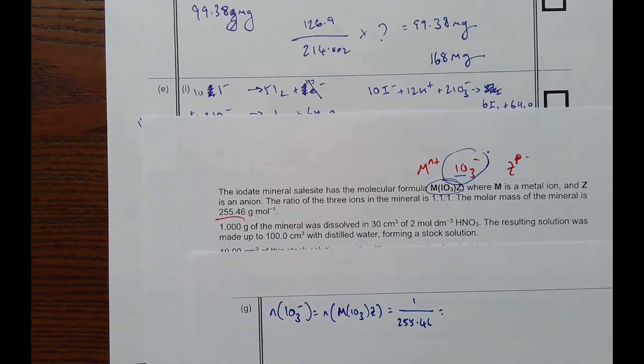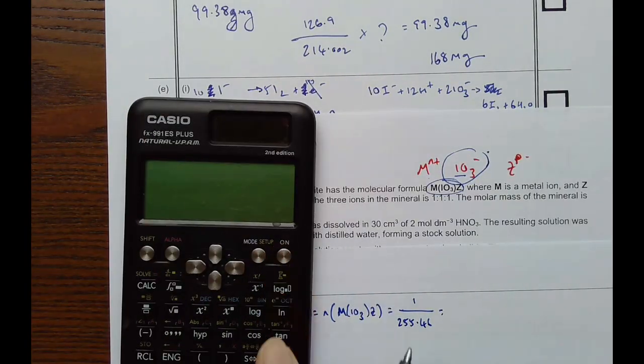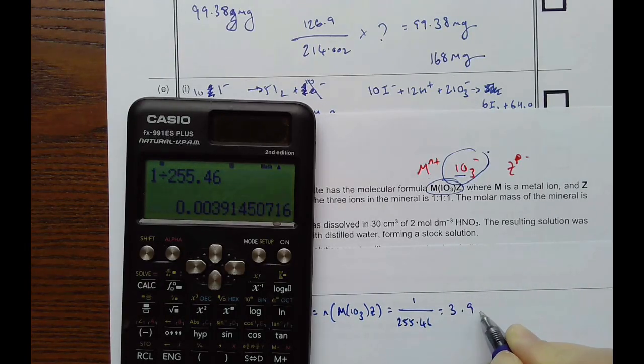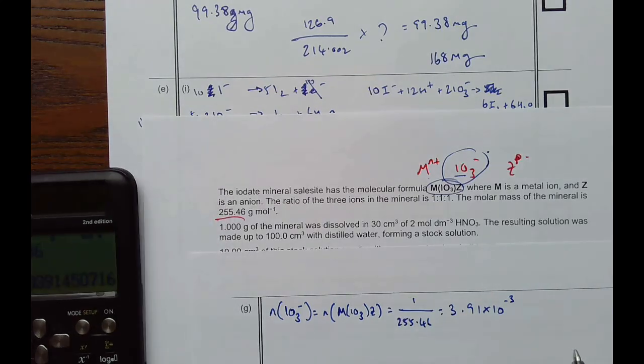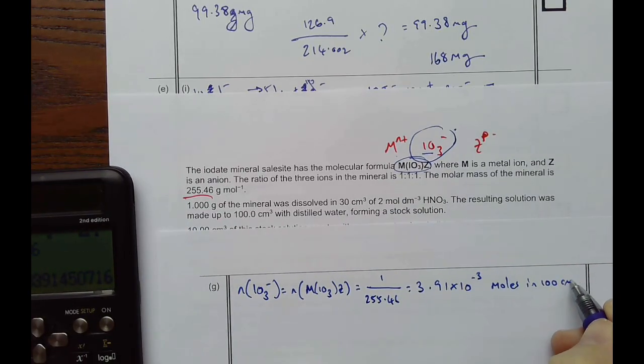So that's going to be my moles. 1 divided by 255.46 gives me 3.91 times 10 to the minus 3. Okay, now that is the number of moles. I'm going to write it out. Moles in 100 centimeters cubed.